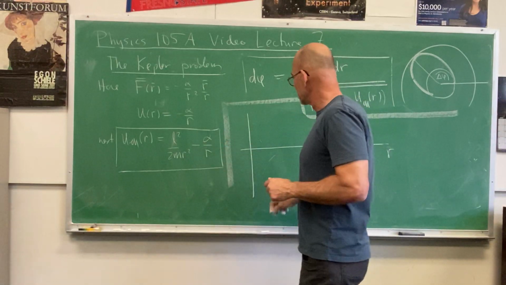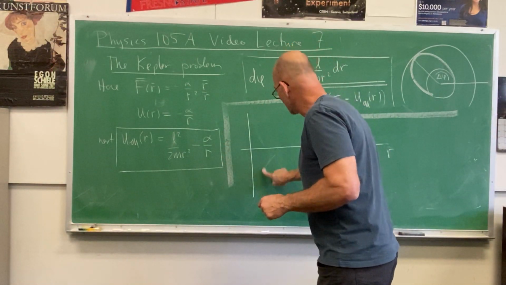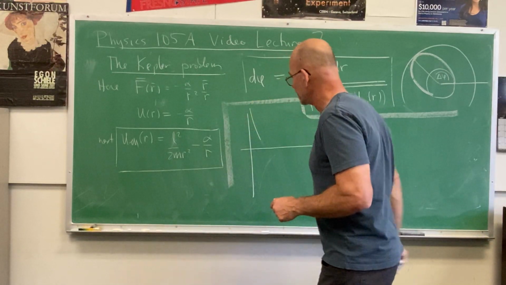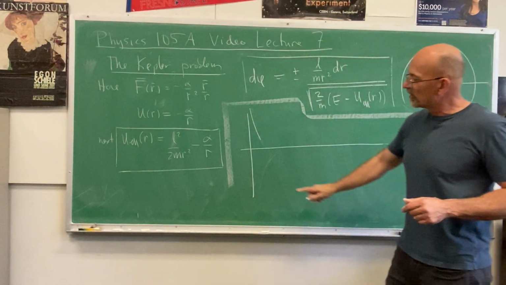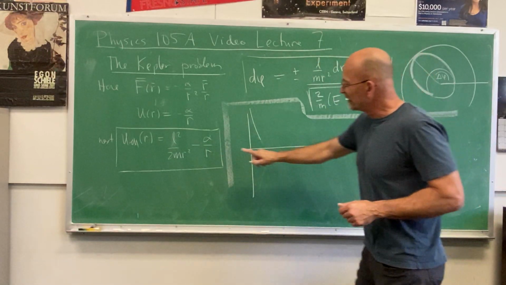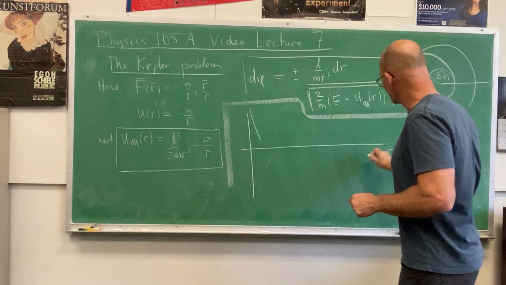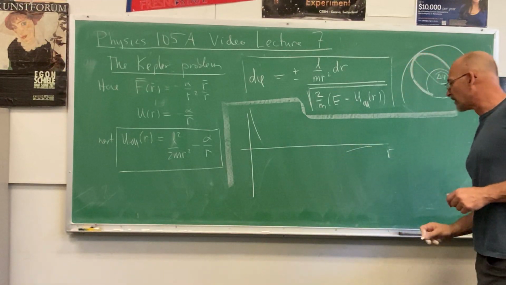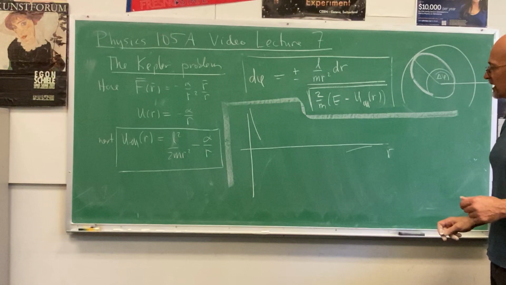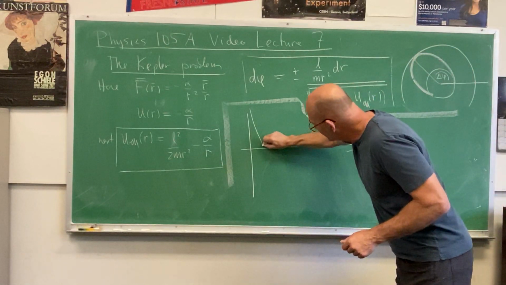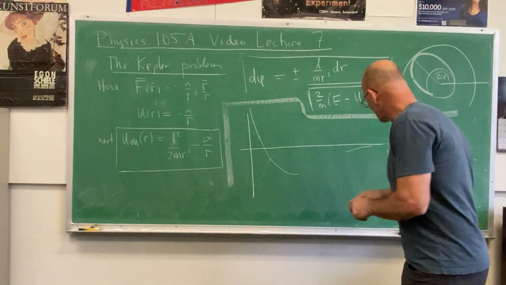So our potential is coming down from here. For large R, the 1 over R dominates, which means this one with the minus sign is going to dominate, and we're going to approach R from the negative side, and this is a wonderful picture.